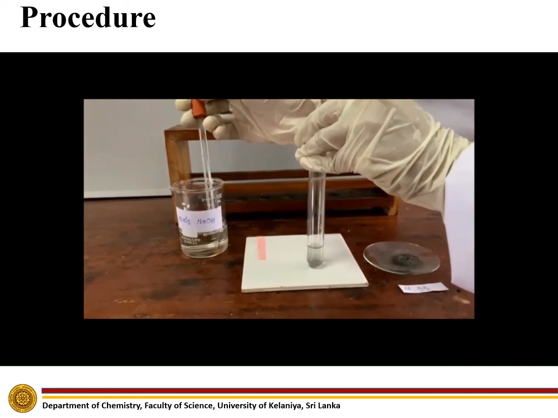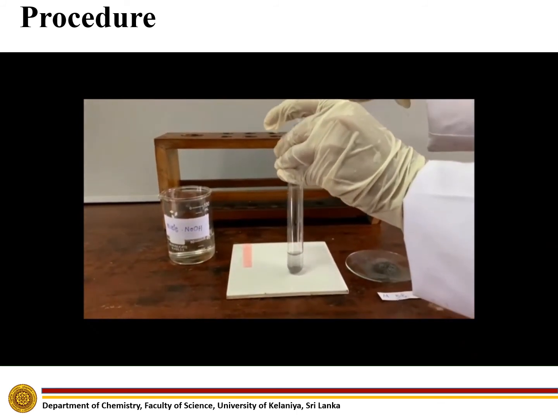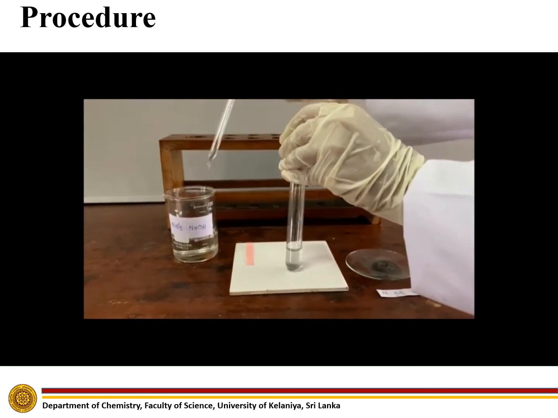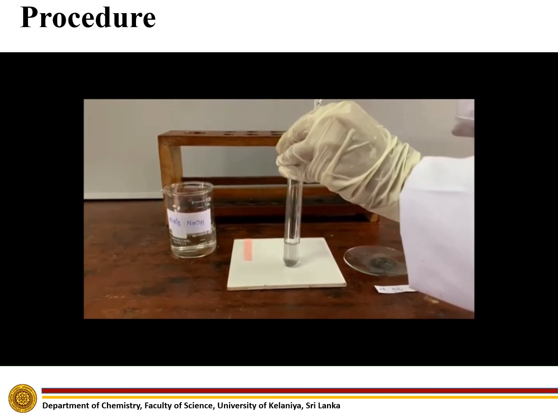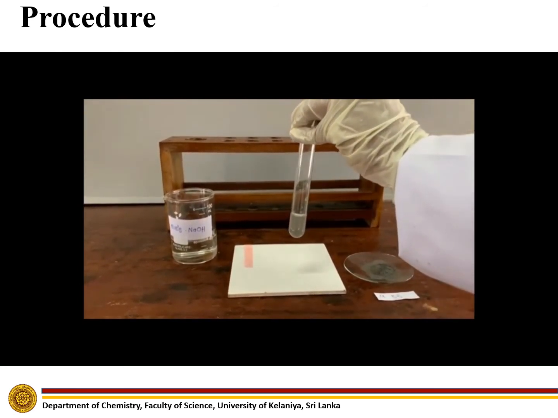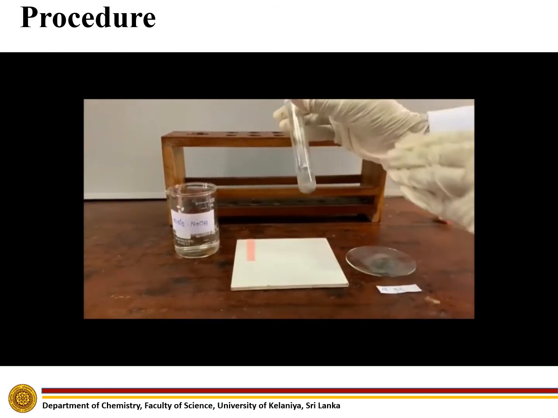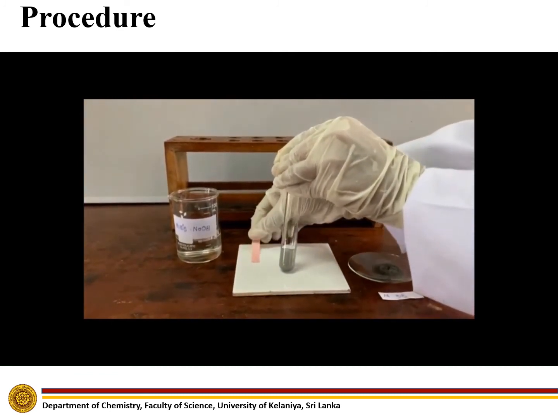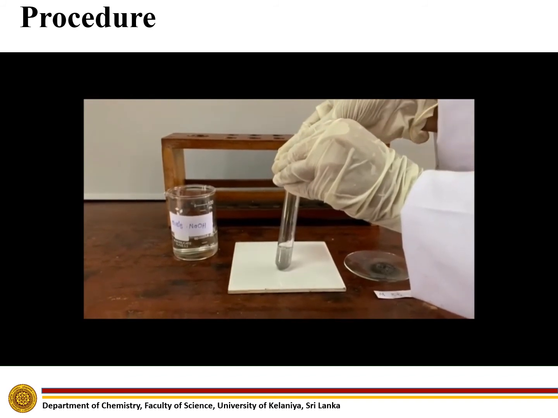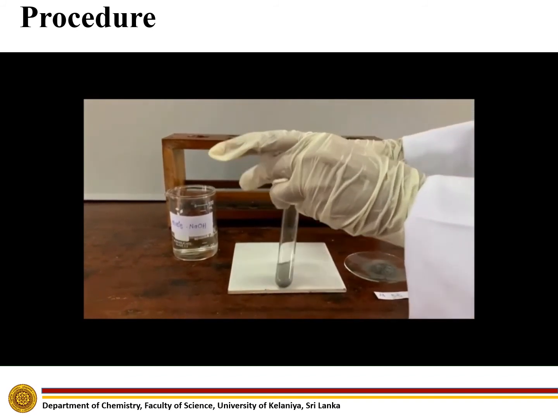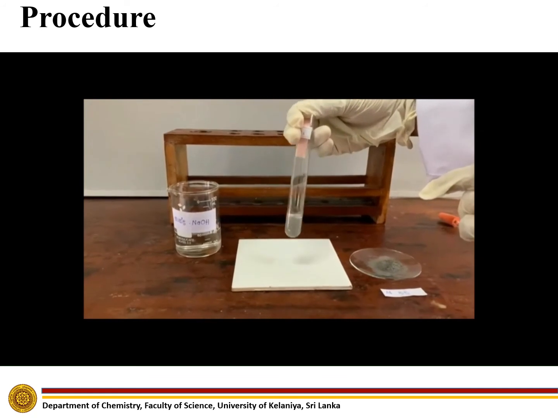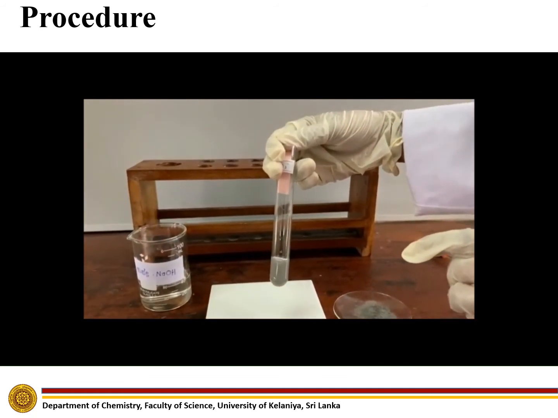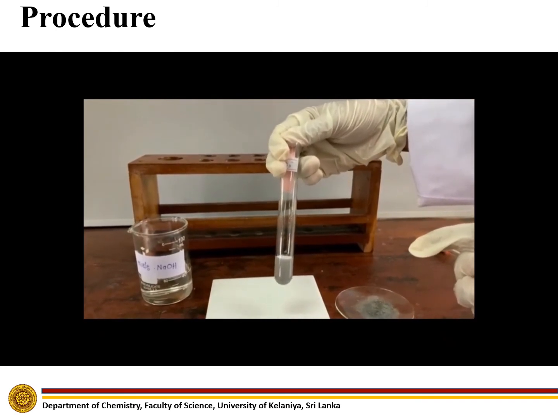Then add concentrated sodium hydroxide to the mixture. Place a litmus paper on the top of the test tube. The color of the litmus paper will turn blue.